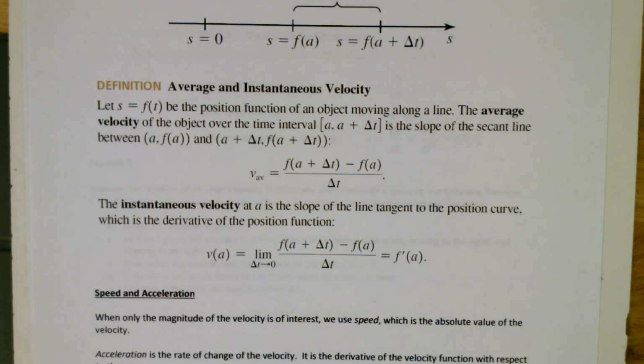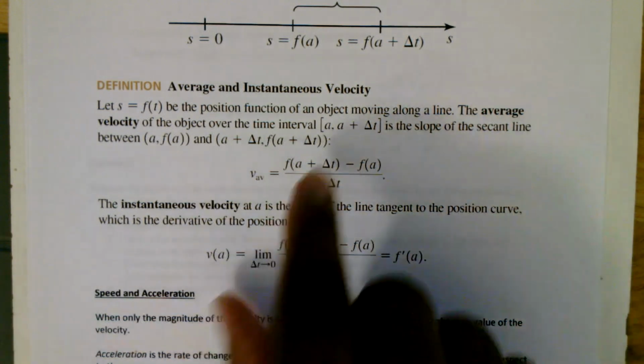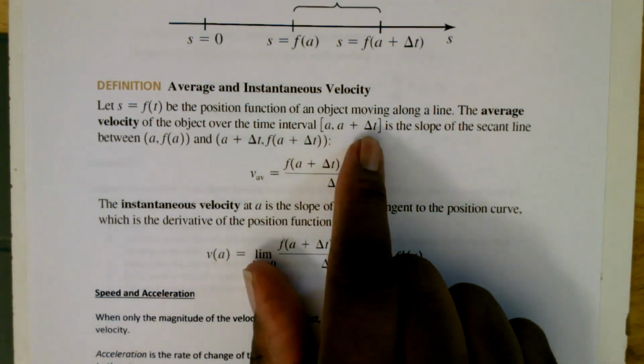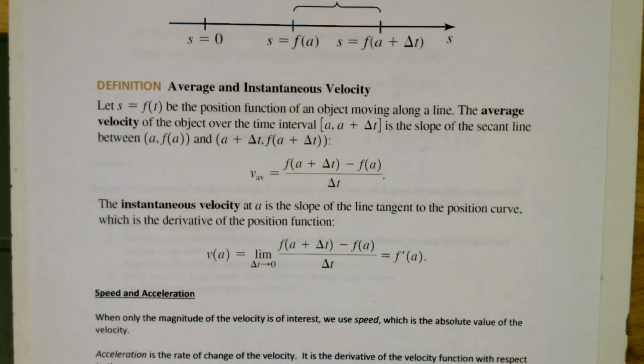If we let s equals f of t be the position function of an object moving along a line, the average velocity of the object over the time interval from a to a plus delta t is the slope of the secant line between (a, f of a) and (a plus delta t, f of a plus delta t).